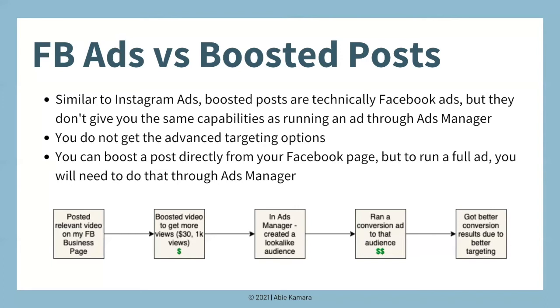After I created that custom audience, I then ran a conversion ad to a lookalike audience of the people that viewed the video. A conversion ad is a lot more expensive than a boosted post, so that's why I ran it that way.